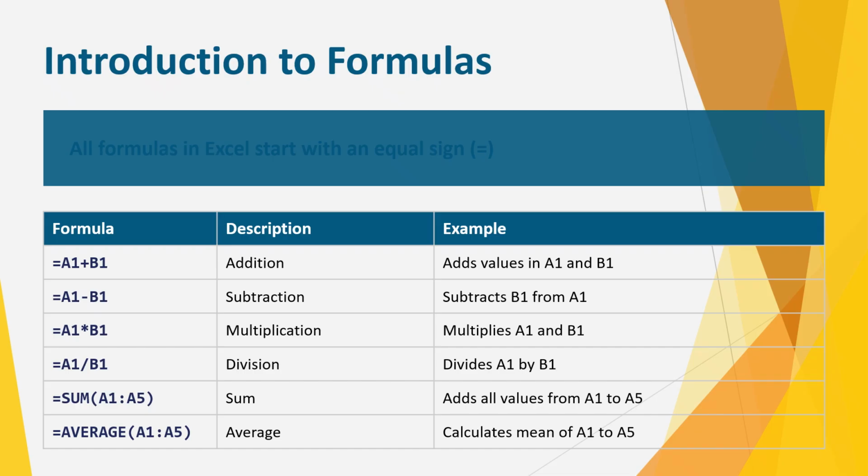I need to type equals to, then the cells those numbers are in. If 3 is typed in A1, 5 is typed in B1, and I'm to put the sum in C1, I'm just going to go to cell C1, type equals to A1 plus B1 and press enter.